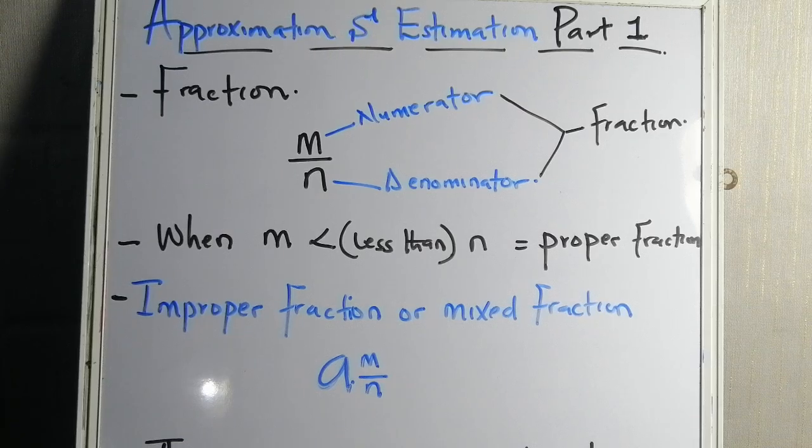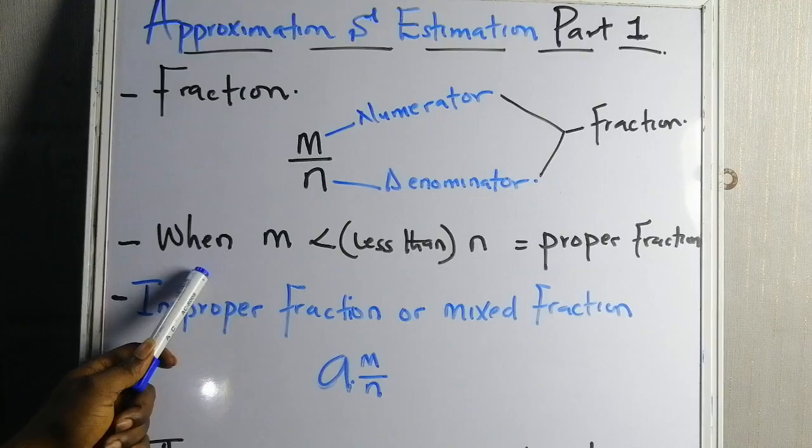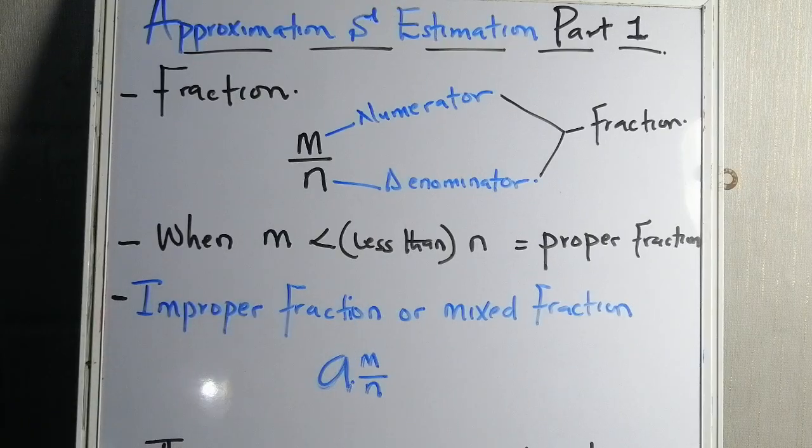That's our target here, so no topic will be a problem for any young minds or any students. So when m is less than n, it is equal to what? Proper fraction.